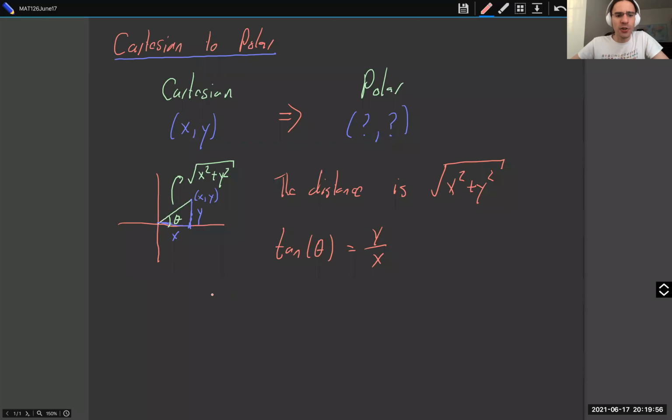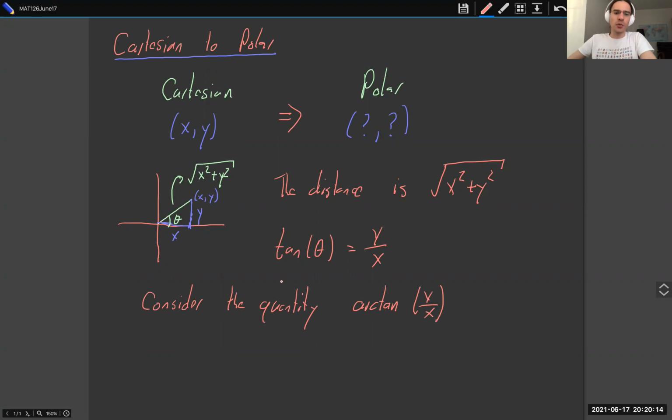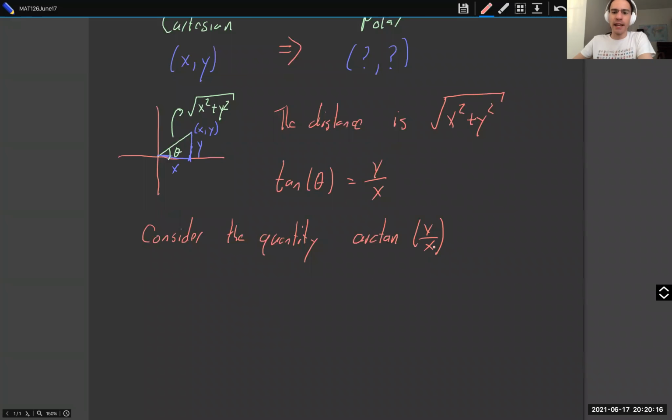Consider the quantity arctan y over x. So this is not defined when x is equal to 0.